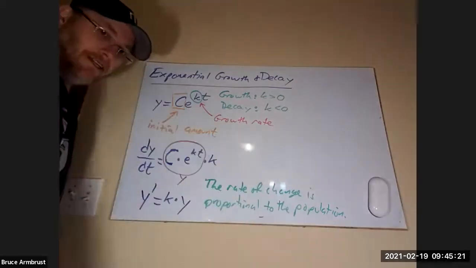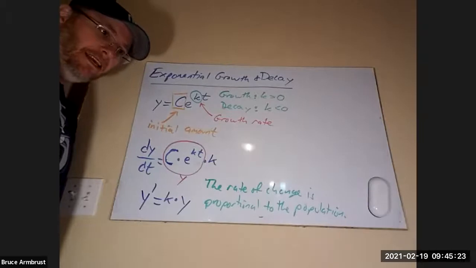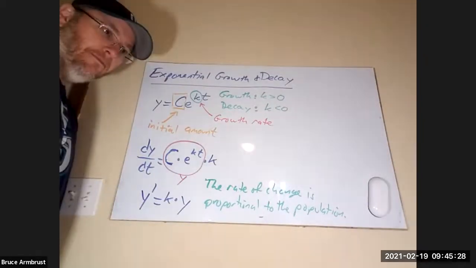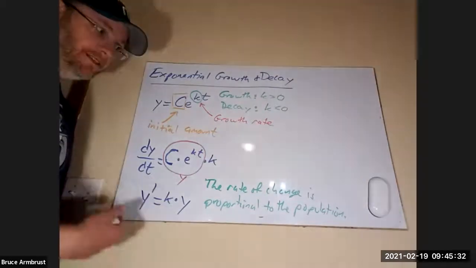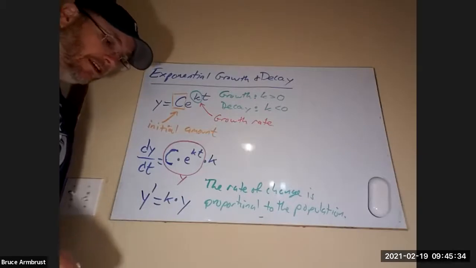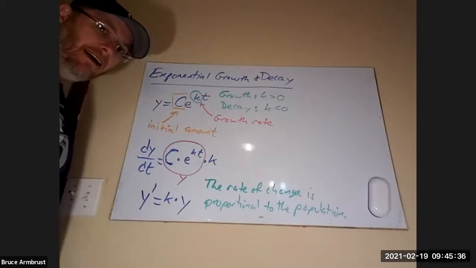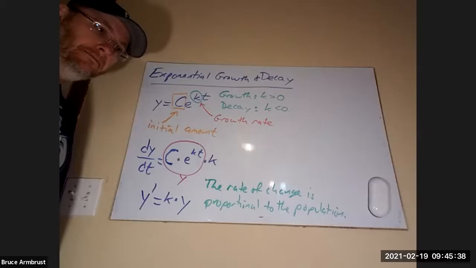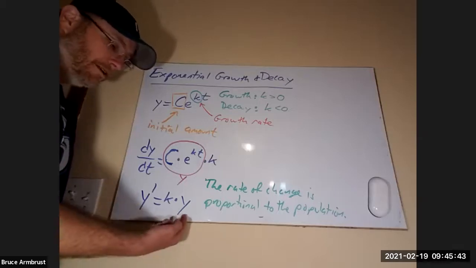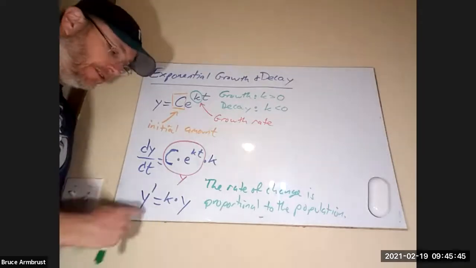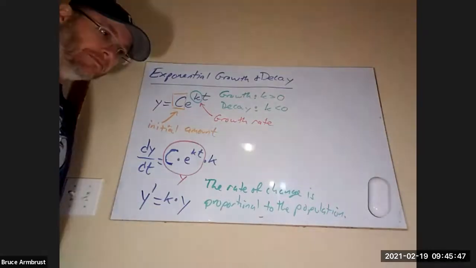But when I say population, that could also mean the amount of our radioactive isotope, the amount of money in our account. Okay, but basically, this is just saying that the rate of change depends on how much you have. The greater amount that you have, the faster it's going to change.